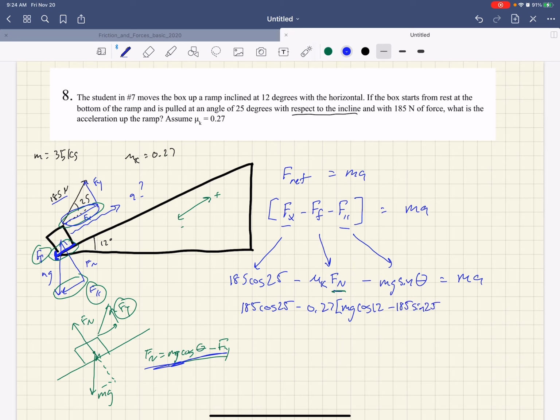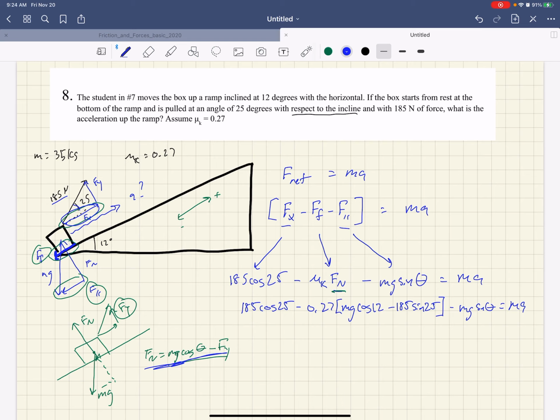Remember, the 25 is the angle that you're pulling it at. Minus mg sine theta equals ma. So it looks like a big, huge mess, but it's not that bad. I mean, come on, it's not crazy bad.